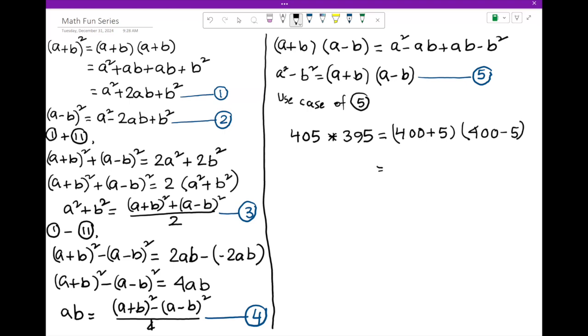This gives you the formula 400 square minus 5 square. And as you know, 400 square is 16 followed by 4 zeros, and then minus 25. So you can get the result pretty easily. This is one of the interesting use cases.